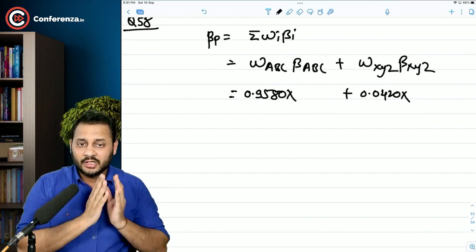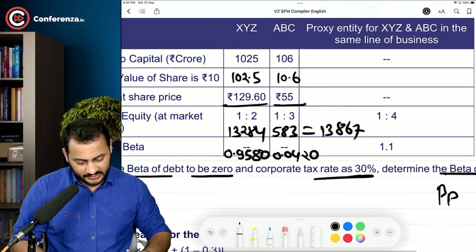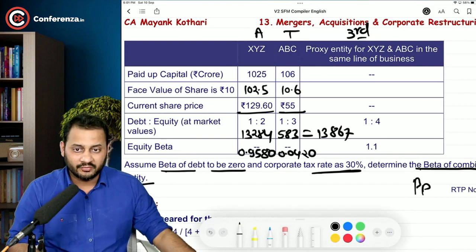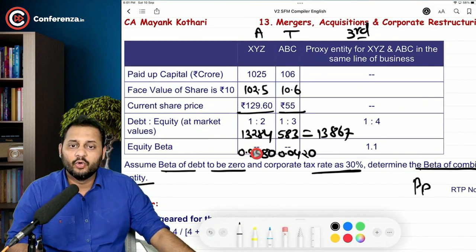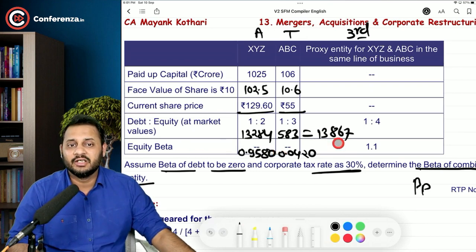Clear with that? Now we want the beta of both the companies, but the problem is the beta of both the companies XYZ and ABC is not given. It is right here, equity beta. See, you will find no data for those betas. But there is one thing which is given in this question, which is 1.1. Can we take this equity beta in place of this?